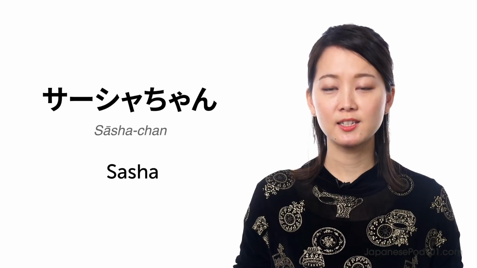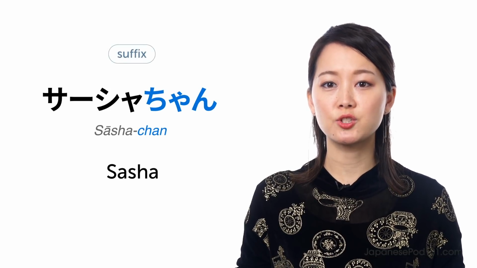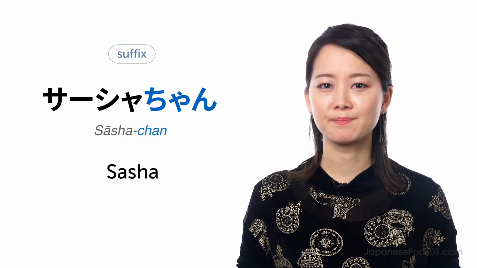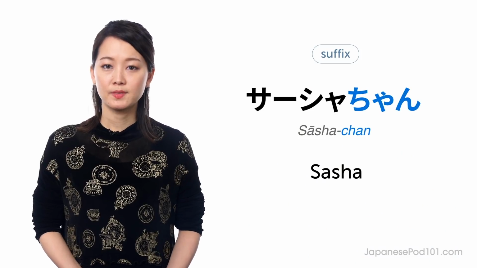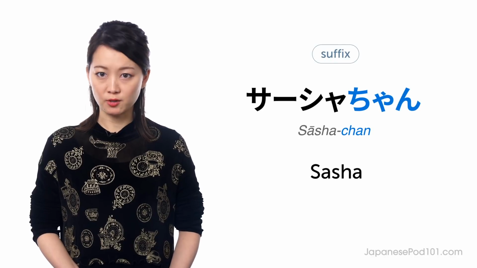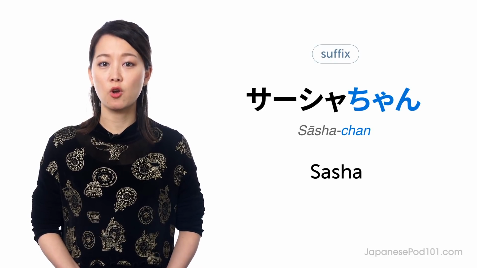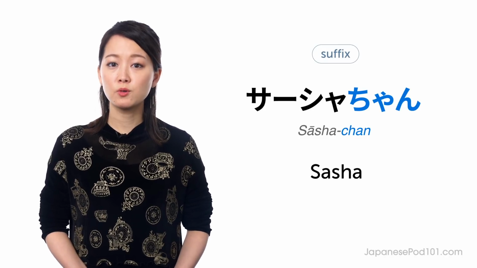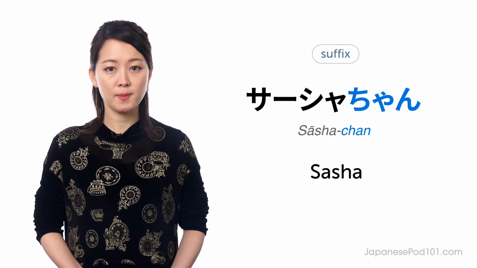After this is ちゃん, a suffix attached to a person's name. ちゃん is often used to address females with whom the speaker has a close relationship, who are younger than the speaker, or who are of lower social status than the speaker.